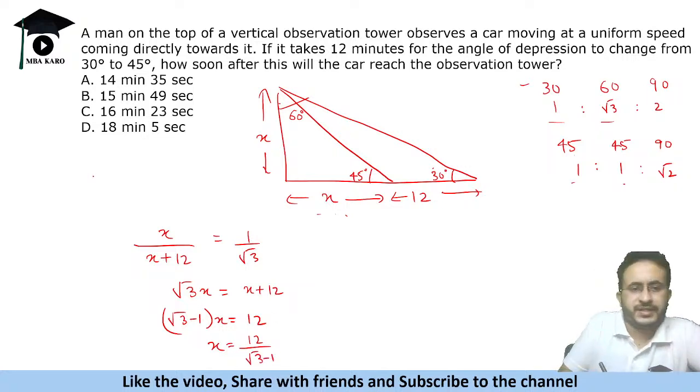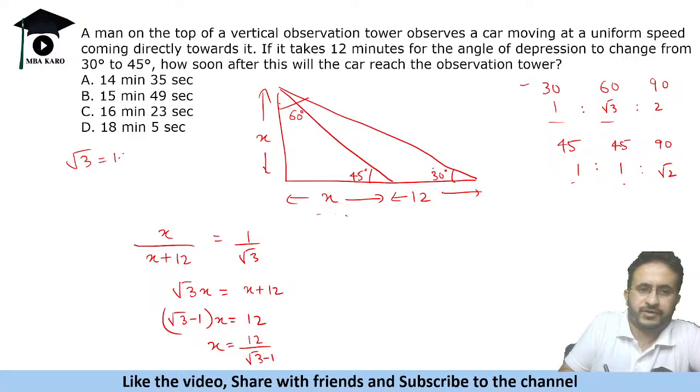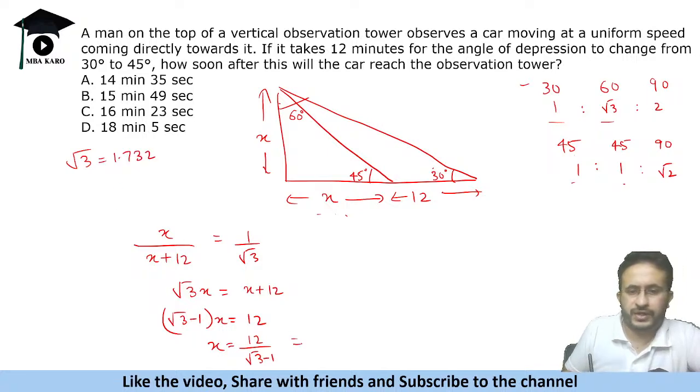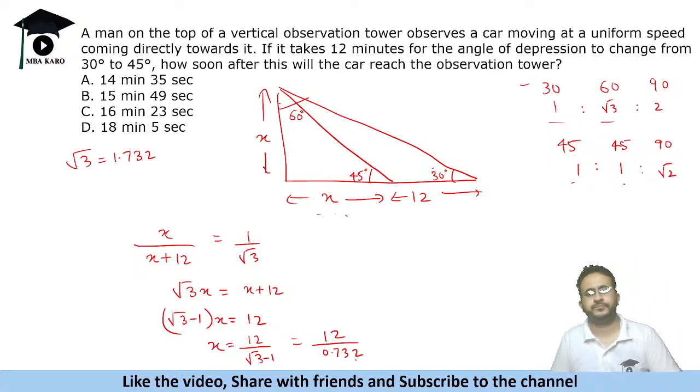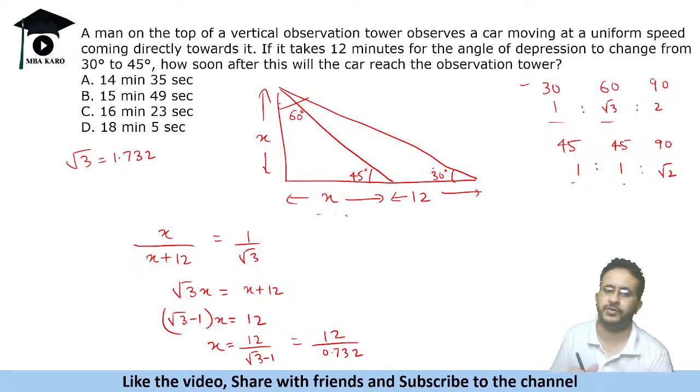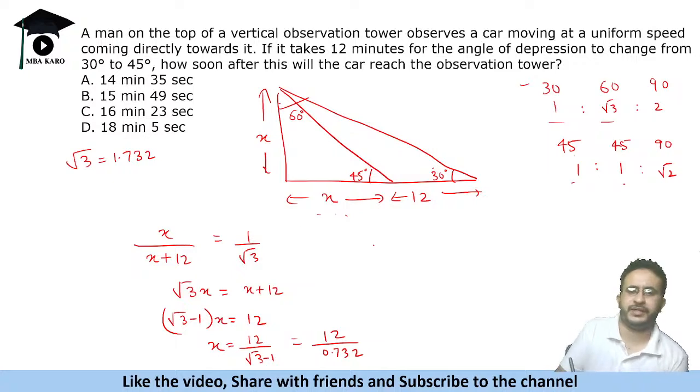Which you can do is, see, one is either you rationalize the denominator, root 3 is 1.732. Okay, so this will be 12 upon 0.732. Okay, ऐसे कर सकते हो, और मल्टीप्लाई करोगे, so you will get, basically you can do this also, 12 upon root 3 minus 1 into root 3 plus 1 upon root 3 plus 1.